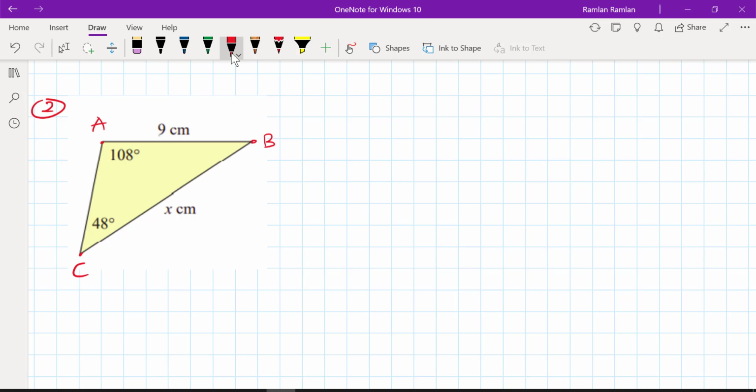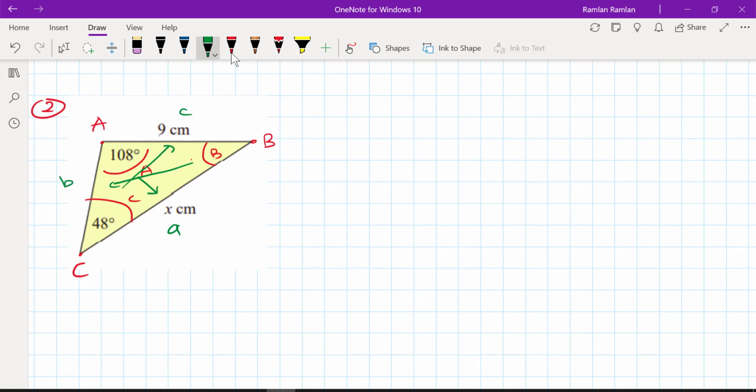Which means this angle is angle A, this angle is angle C, and this angle is angle B. We don't know angle B, but we actually don't need it. The next step is to name the side lengths. This one is a because it's opposite to angle A. This one over here is side length c because it's opposite to angle C. So this one is b.